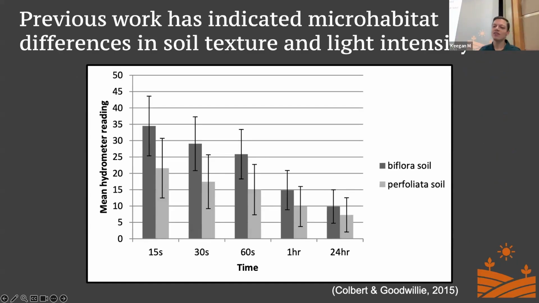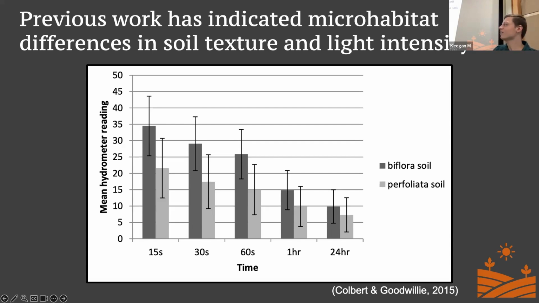So I first chose to investigate potential microhabitat differences in light intensity and soil texture because a previous study by Colbert and Goodwillie found significant differences in soil texture, soil chemistry, and light environments between populations of Triodanis biflora and Perfoliata. Shown in the example here, they found Perfoliata soil to have a higher sand content than biflora soil, and therefore biflora soil had higher water retention on average, as you can see by the darker bars being taller than the lighter ones over time.